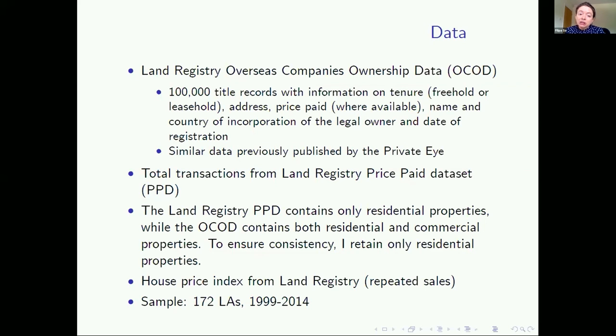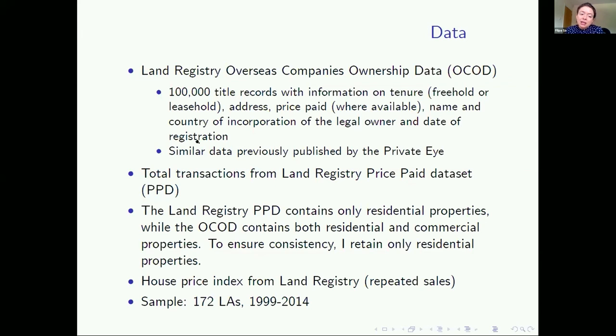And the land registry overseas companies data set does have that information. I haven't looked, but there may be a different source where you can get the total transactions on commercial properties. So you could almost redo the analysis just for commercial properties.